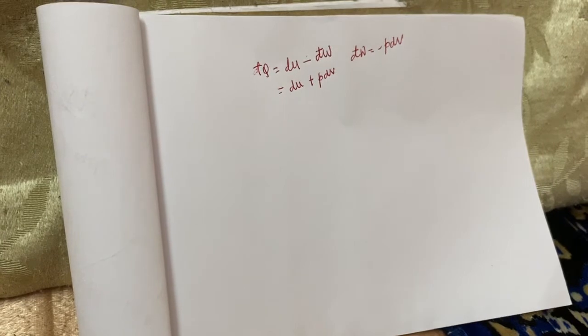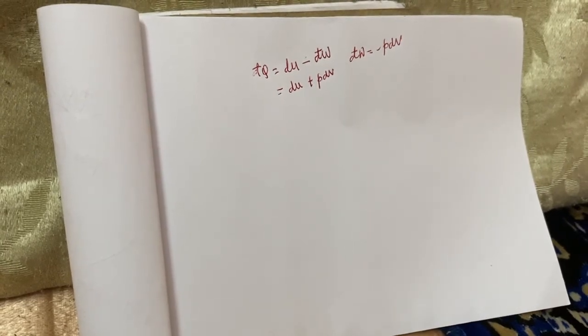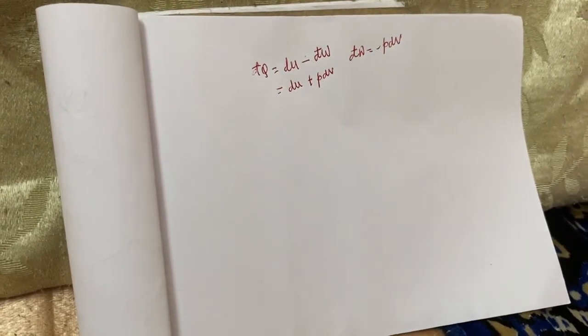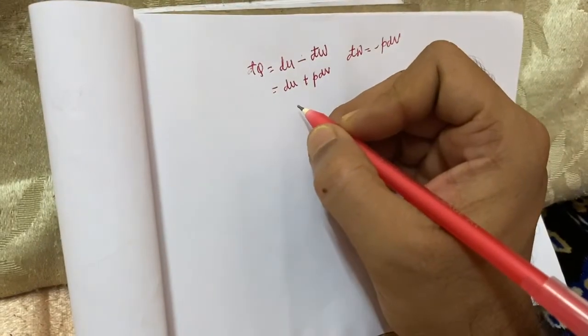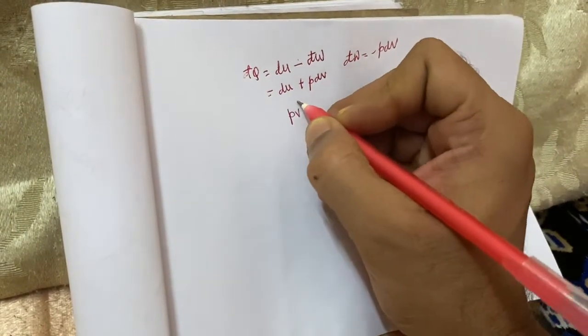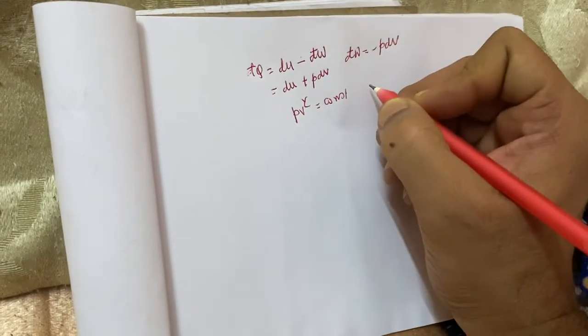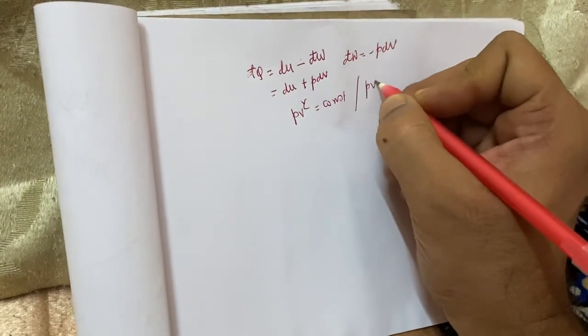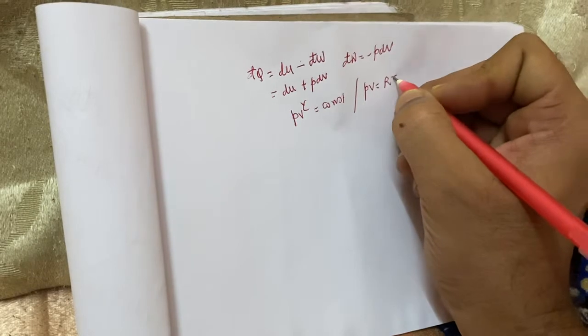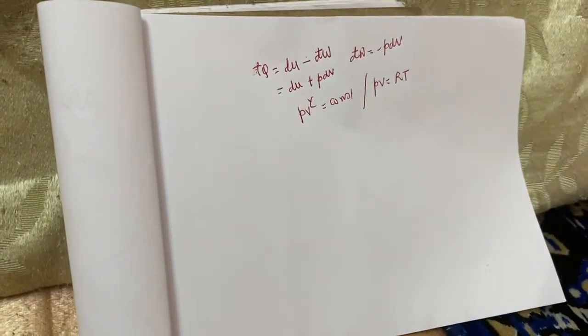This is the first law of thermodynamics, and also we have learned for adiabatic process pv to the power gamma is equal to constant, and pv is equal to RT, which is true for the ideal case.